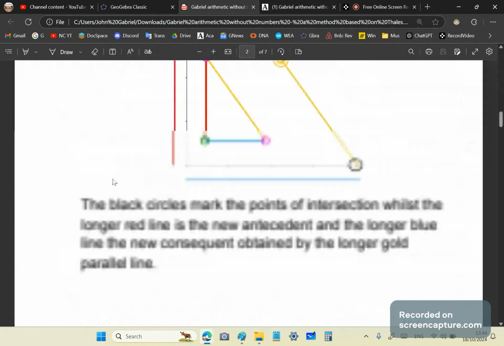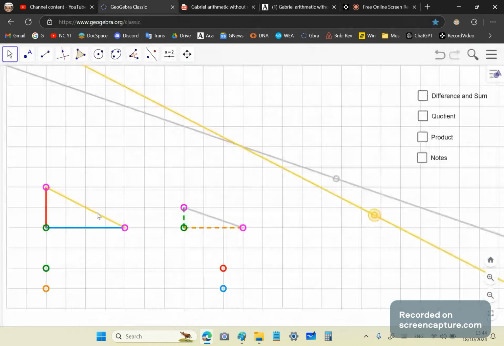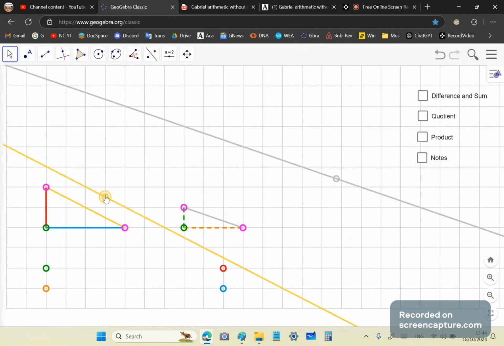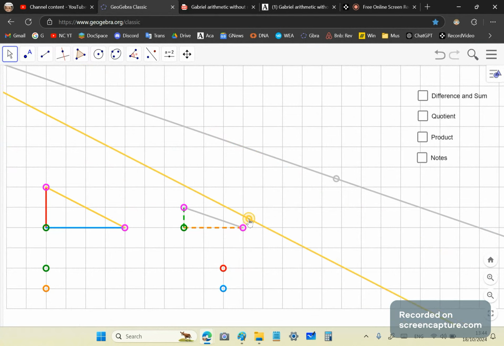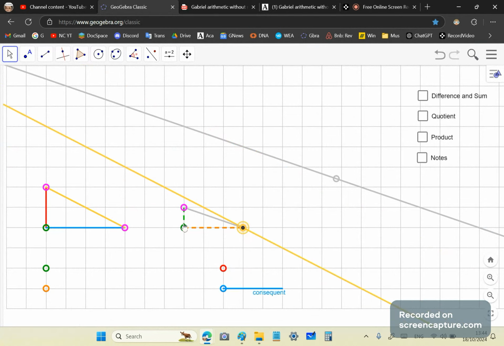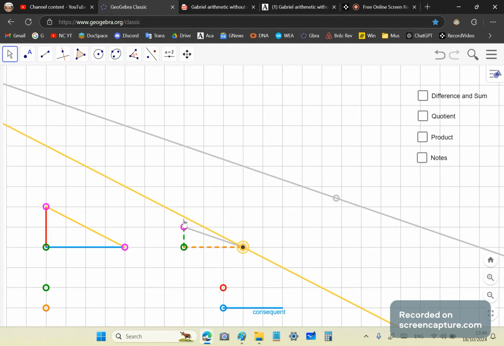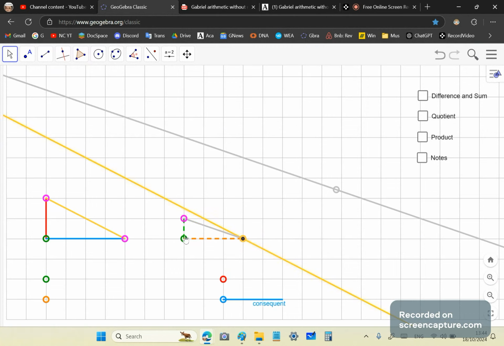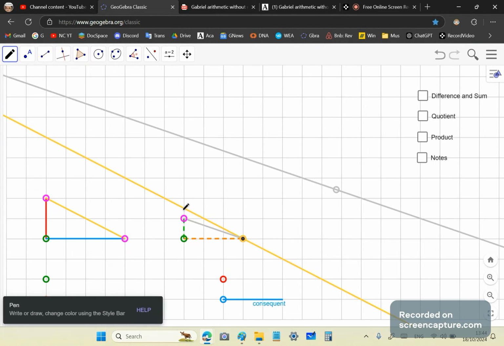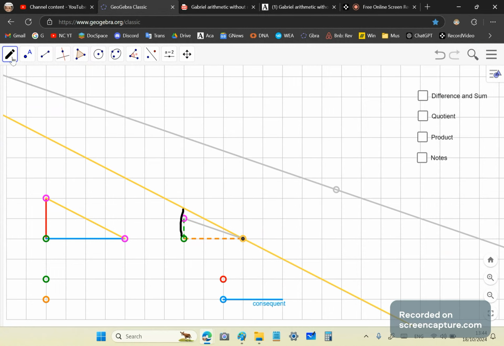The first thing we need to do is notice that we can make any two ratios have the same consequent, all right? And we do that by parallelism. So if we wanted this consequent here, we would take this guy, put it over here like that, and then this distance here would be the new antecedent, with this blue consequent.